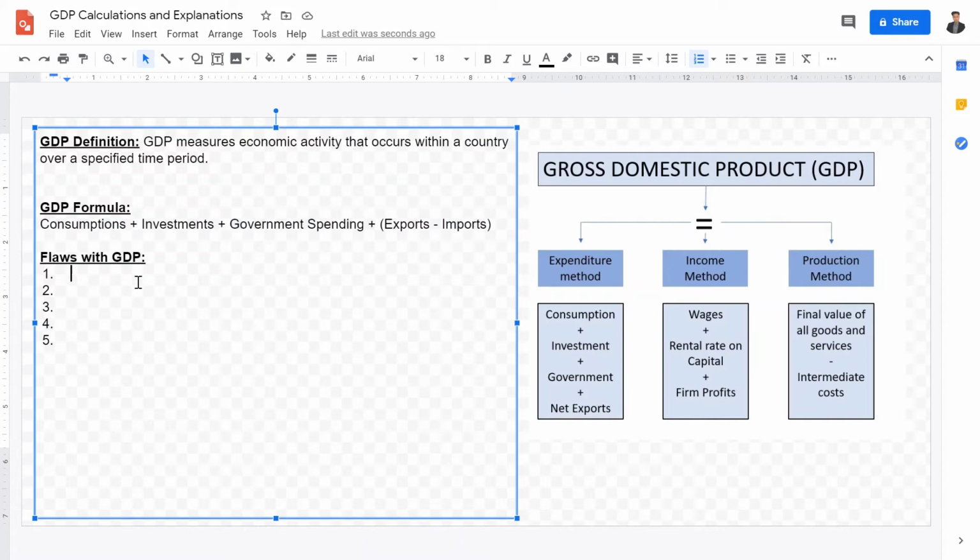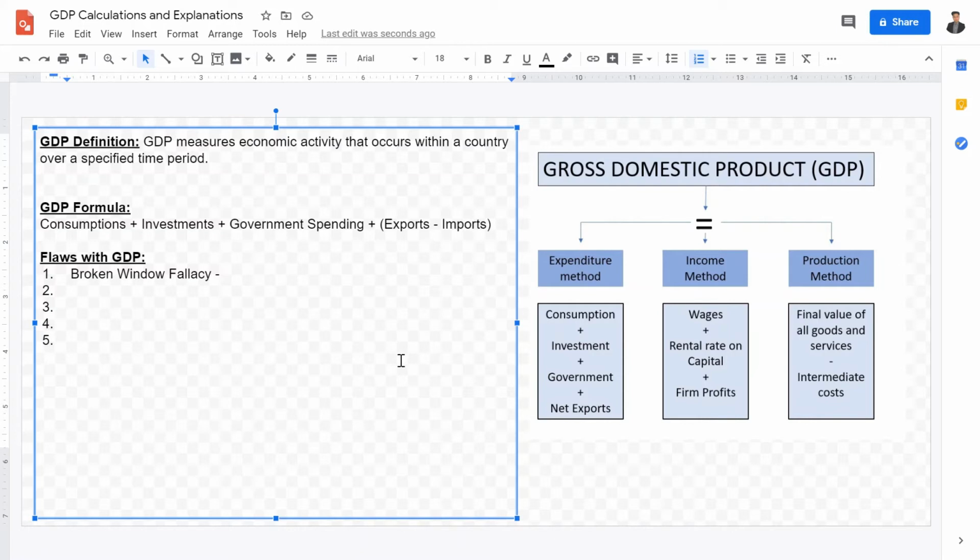Now, with all things, there are also flaws with the GDP figures. The first flaw that I want to talk about is the broken window fallacy. If the paper asks you to give examples of flaws of GDP, I really recommend the broken window fallacy. What is the broken window fallacy?